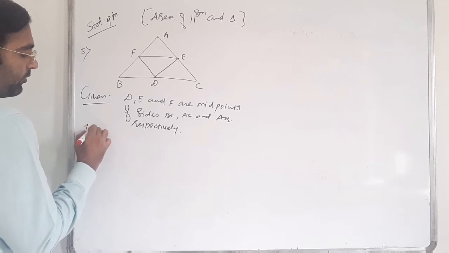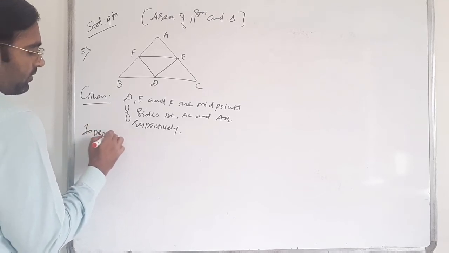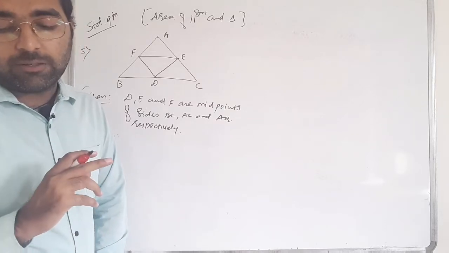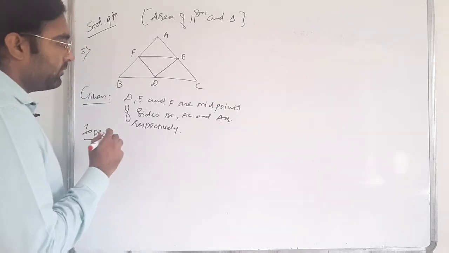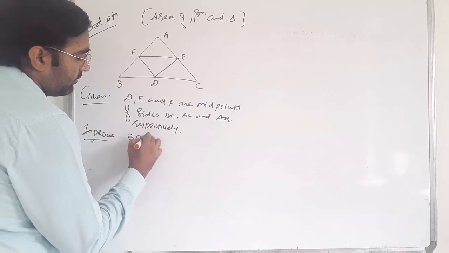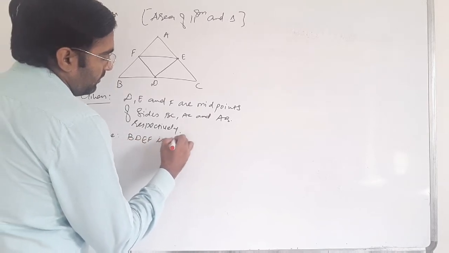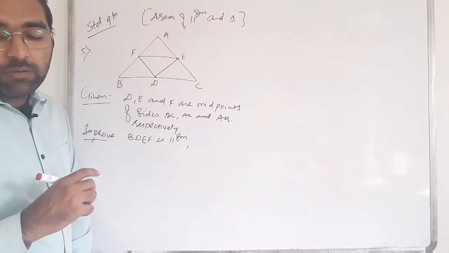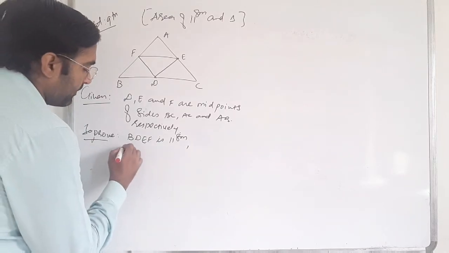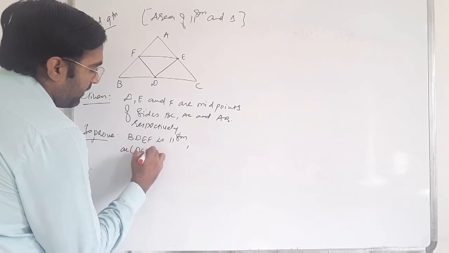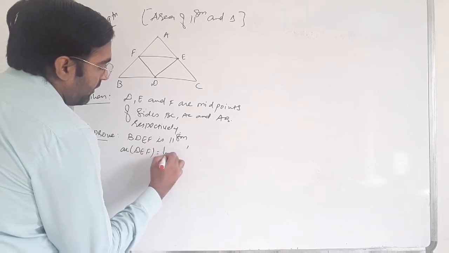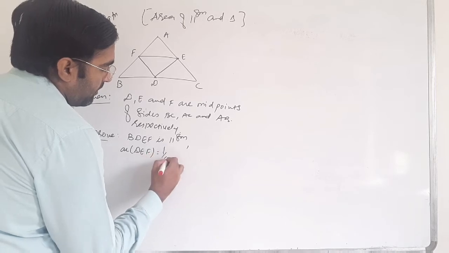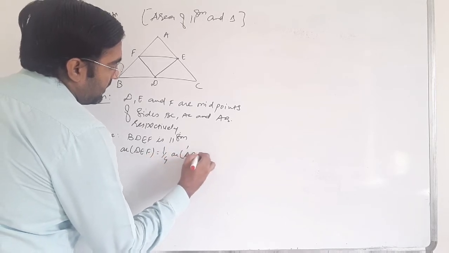So to prove, we have to prove three things here. First, BDEF is a parallelogram. Second, area of DEF is equal to 1/4 of area of ABC.